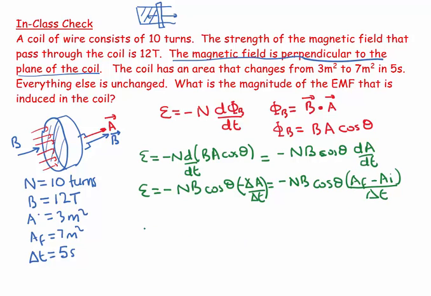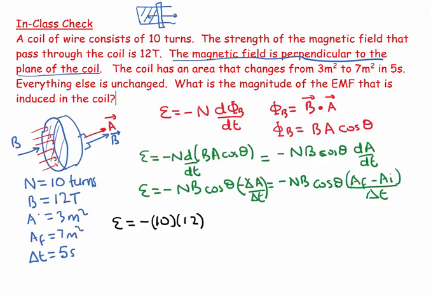So let's put some numbers in. My EMF is equal to minus, well, my N was 10. And my B, my magnetic field strength, is a constant 12.